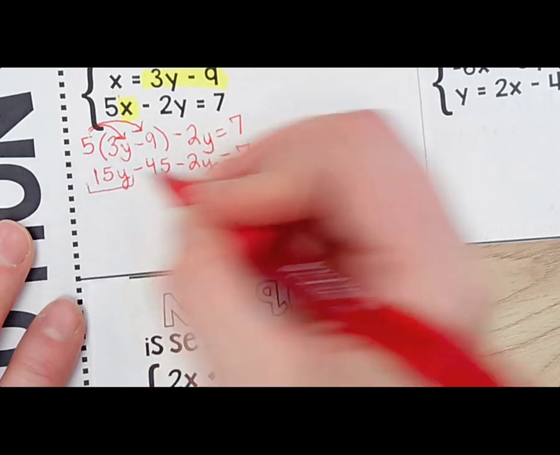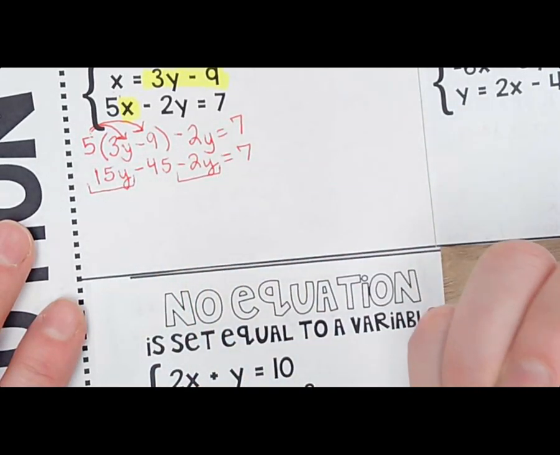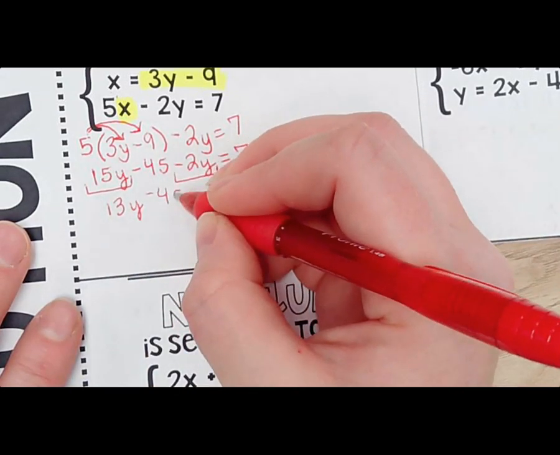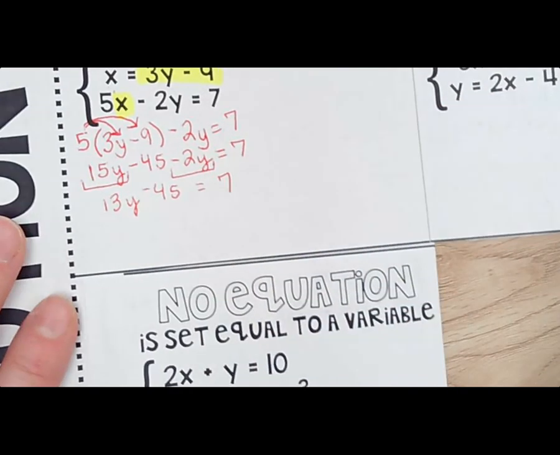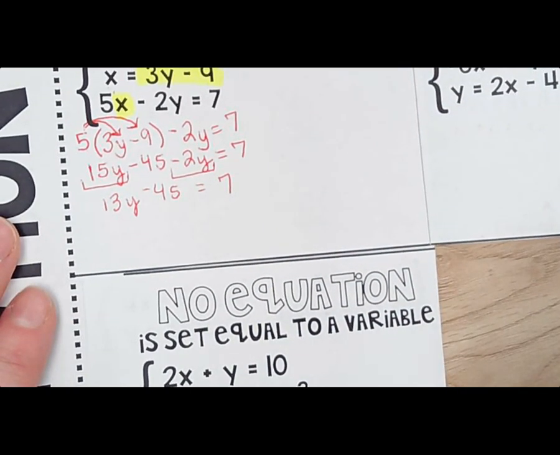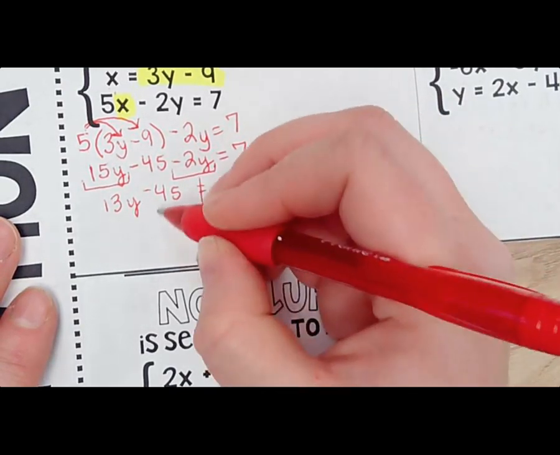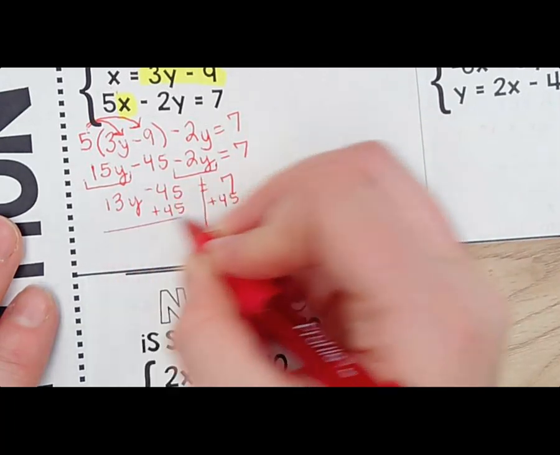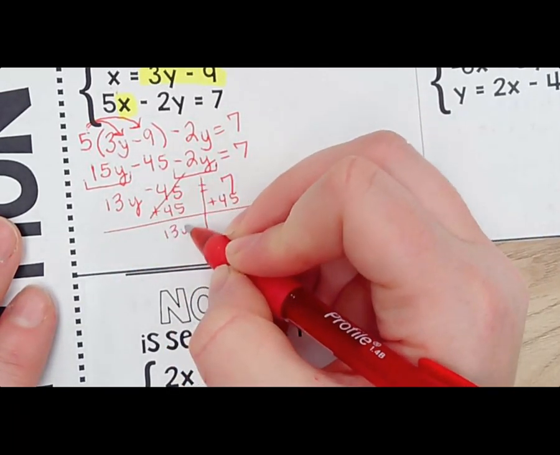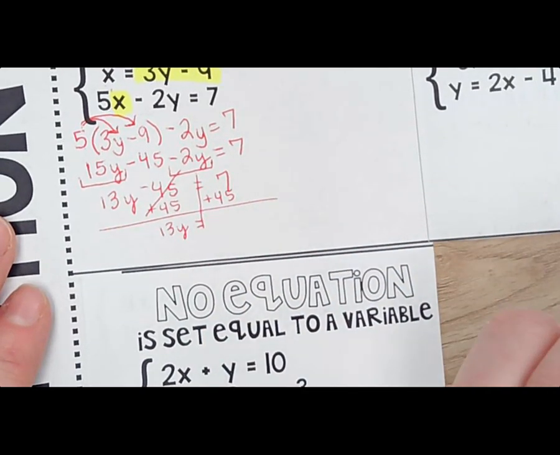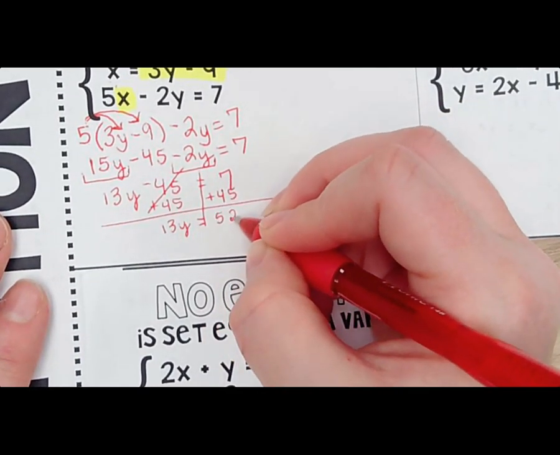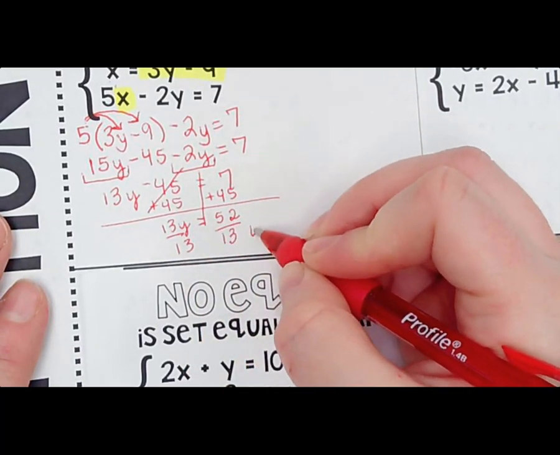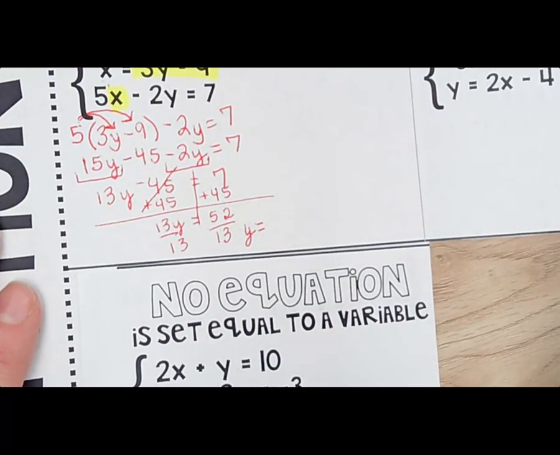So combine like terms, 15y minus 2y, 13y minus 45 equals 7. So I need to get y by itself, so plus 45. So 13y equals 45 plus 7, 52. Divide by 13. So y equals 4.